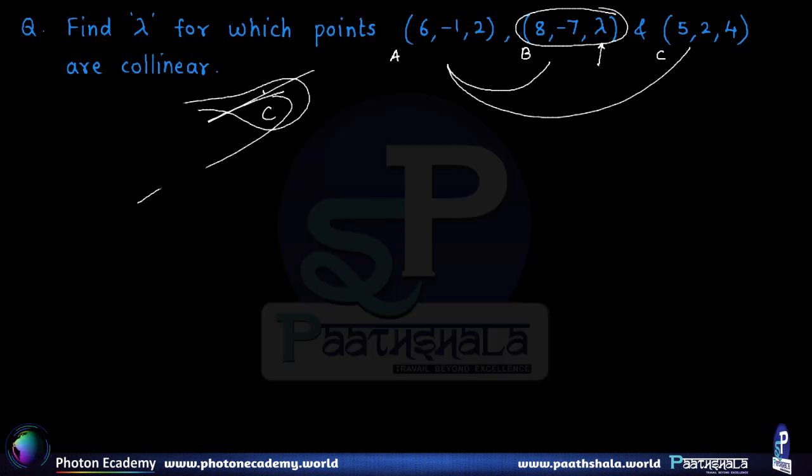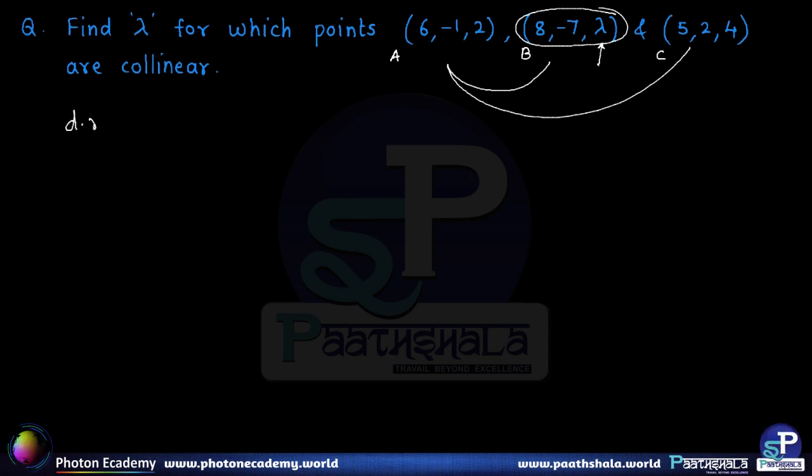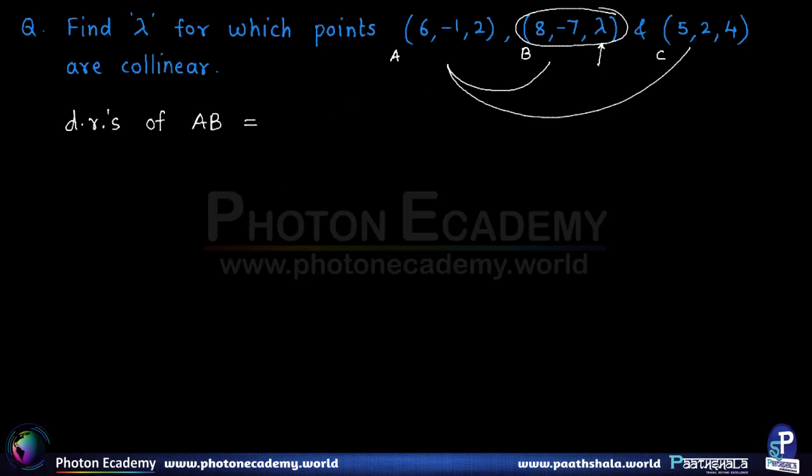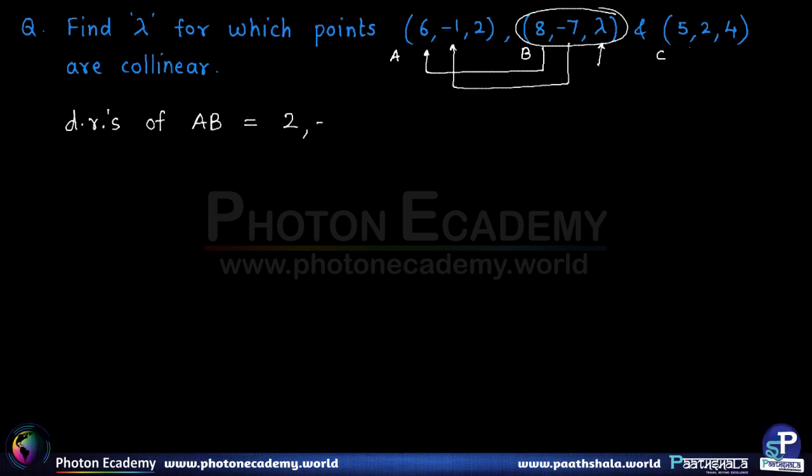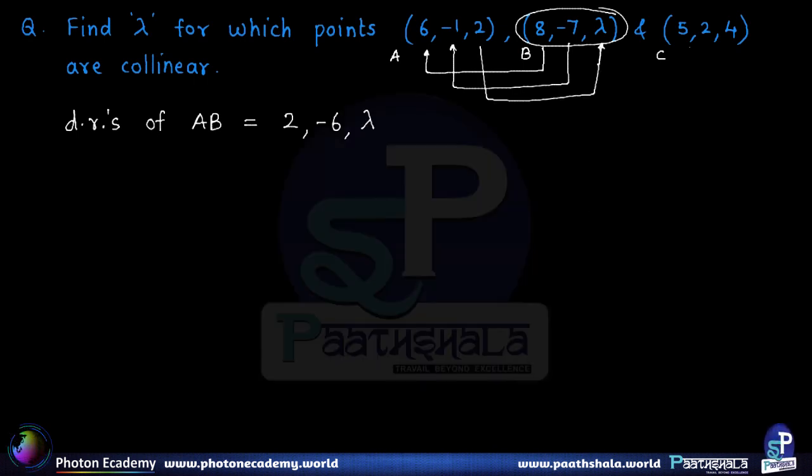So therefore we go ahead and say that direction ratios of AB are, let us first calculate direction ratios, and we saw that direction ratios are given by merely subtracting the corresponding coordinates. So that means 8 minus 6, that is 2, then minus 7 minus of minus 1, that is minus 6, and the third one is lambda minus 2.